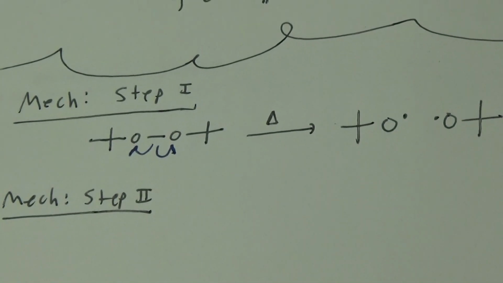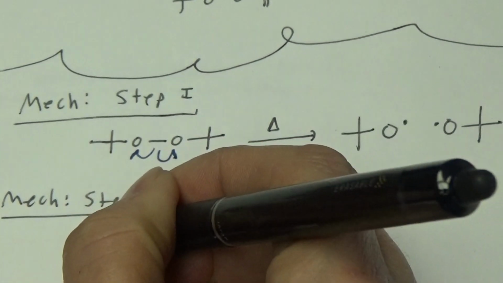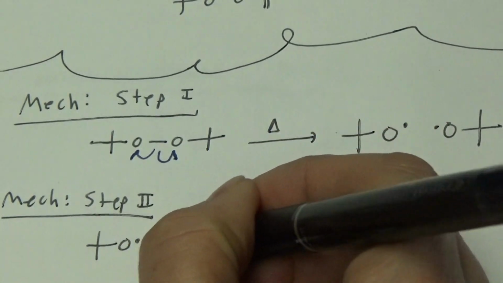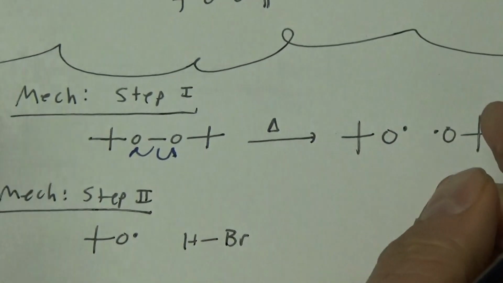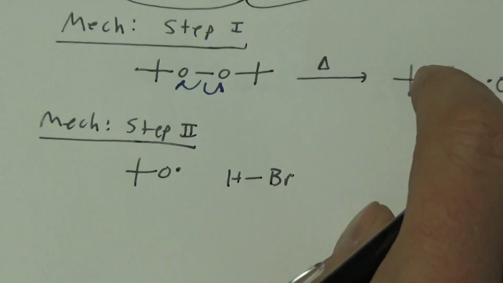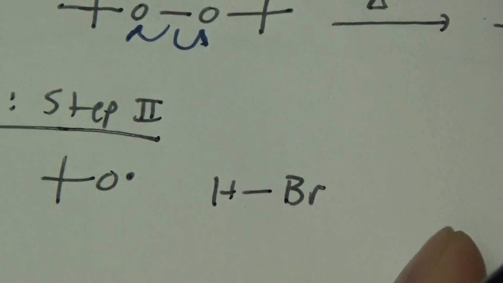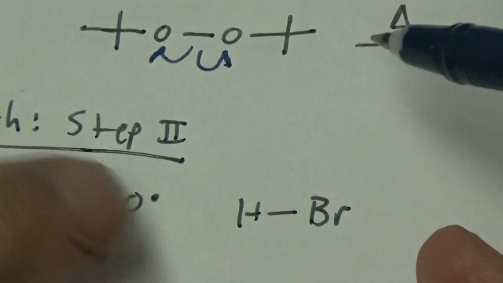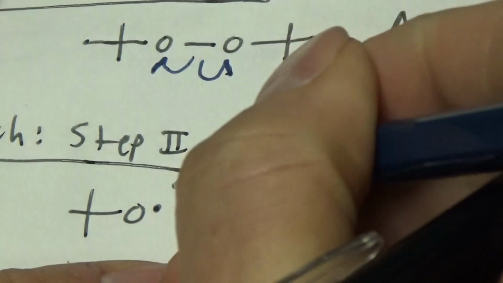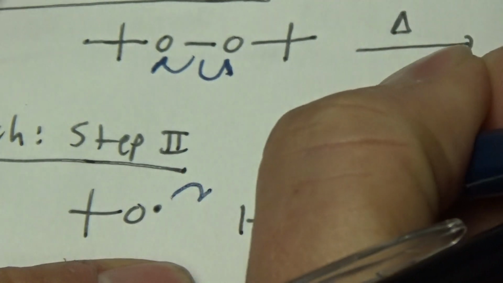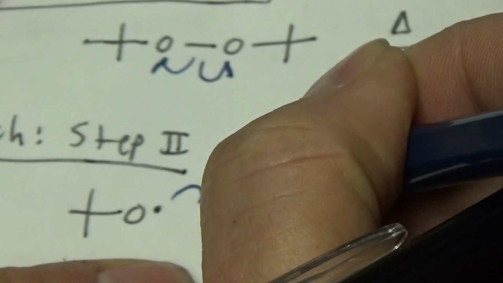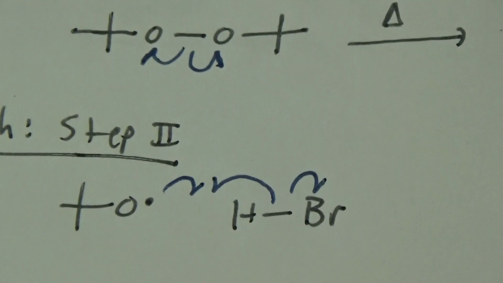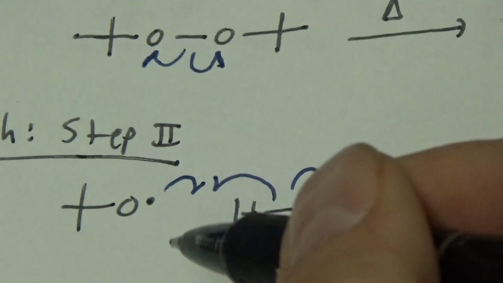Mechanism step 2. Now that you got an oxygen radical, it reacts with HBr. Oxygen loves protons and hydrogen atoms. So the oxygen sees the hydrogen atom and it just rips it off. So 3 fishhooks. Fishhook, fishhook, fishhook. And what kind of functional group does that create?